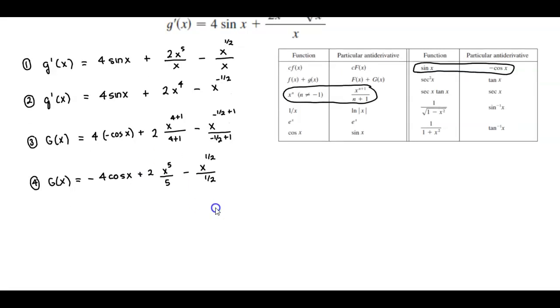So therefore, what we're going to end up getting is the following. Remember that once we have our antiderivative, we always have to add the constant at the very end.